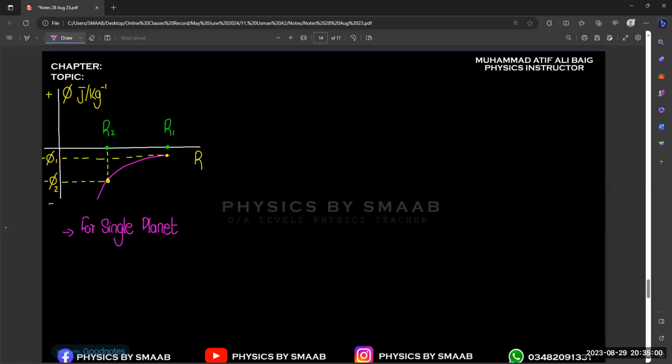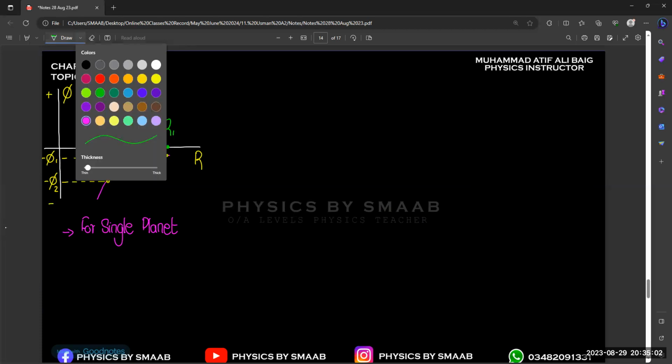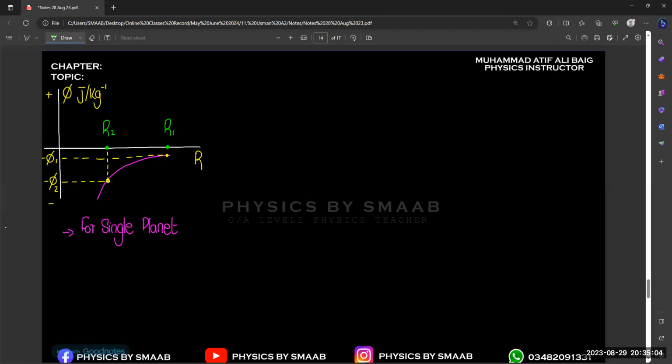Okay, let's suppose we consider one graph for two planets. Suppose we have two surfaces and we need to find the potential for two different bodies or two different planets. So for two planets, your graph will be different.